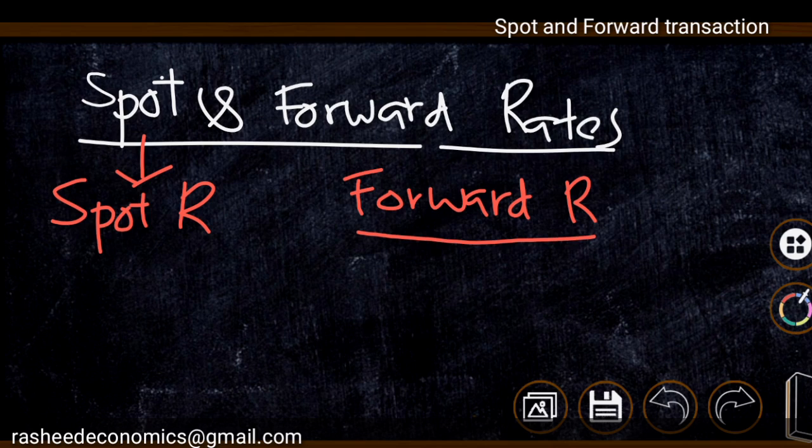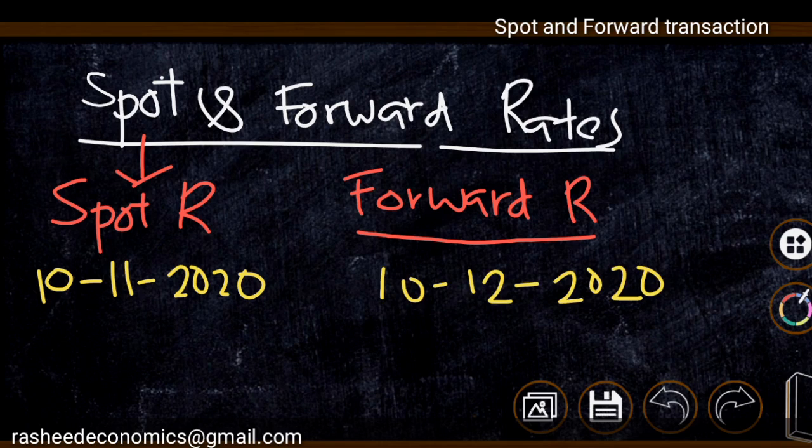For example, the spot rate is the rate that prevails on this day, for example 10th November 2020, and the forward rate is the future rate of transaction, for example 10th December 2020, that means just after 1 month.